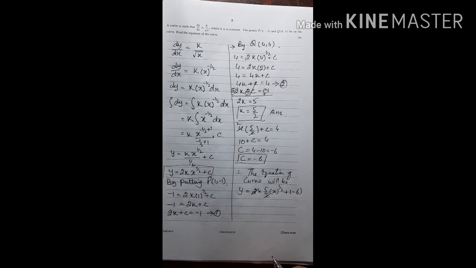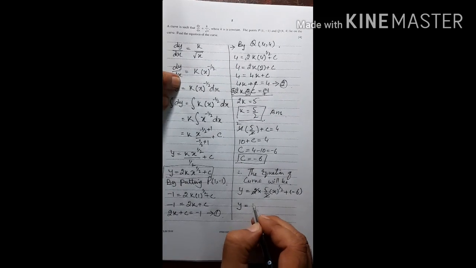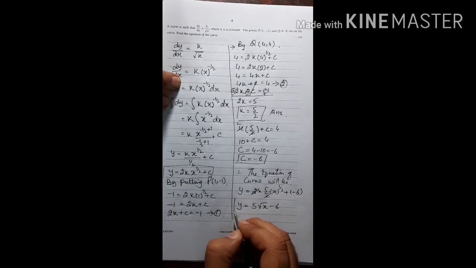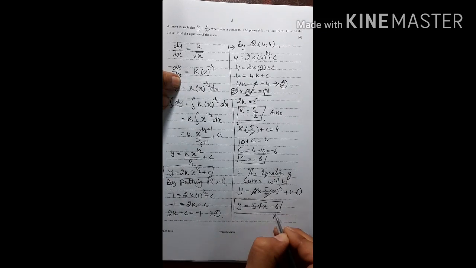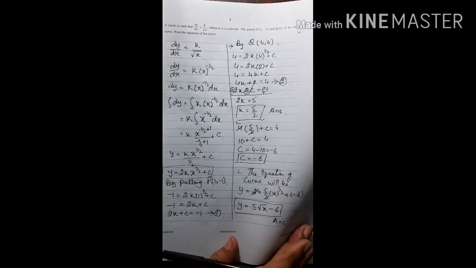So this 2 will be cancelled with this one. So the final equation will be y equals 5 under root x minus 6. This is the final answer. Okay, ji. Now the question 4.